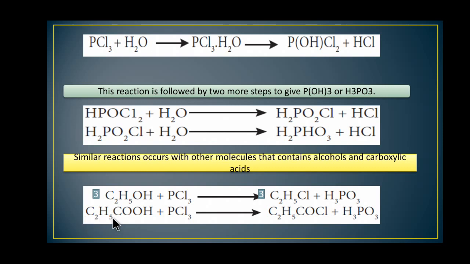Is it clear? Ethyl 2 carbons, acid 1, total 3: methyl, ethyl, propyl. This is propanoic acid. It reacts with PCl3, phosphorus trichloride, to give propanoyl chloride as a byproduct, and the major product is H3PO3, phosphorus acid. Is it clear?